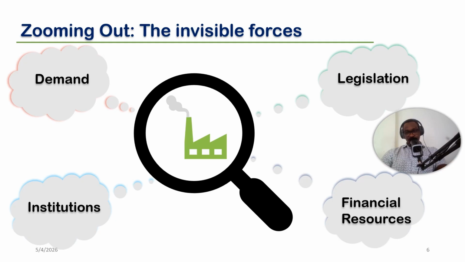Lastly, we have the institutions. Institutional capacity is important here for coordination and governance to ensure that all the other three pillars are met, that is demand, legislation, and finance. So you need good institutional capacity with clear structures, and demarcated jurisdictions that guide areas of policy implementation, and also matters to do with enforcement and treatment.